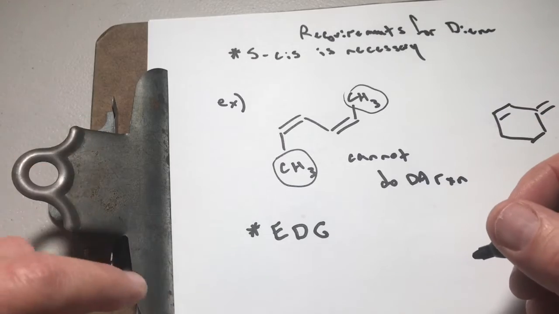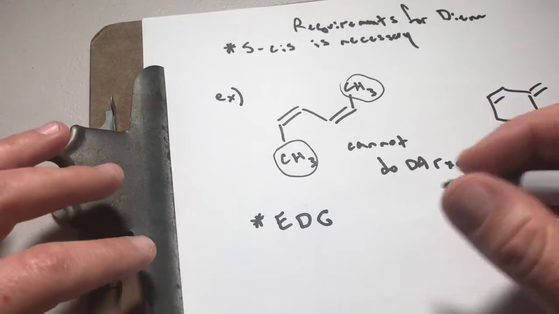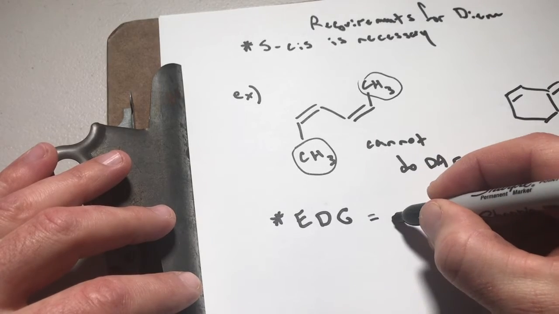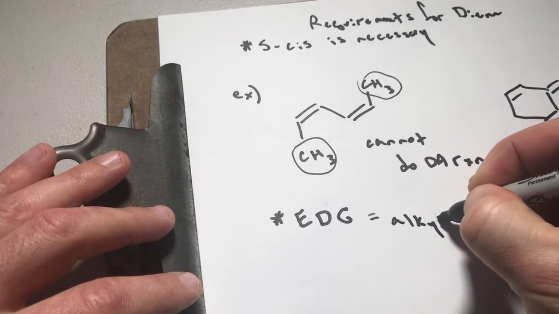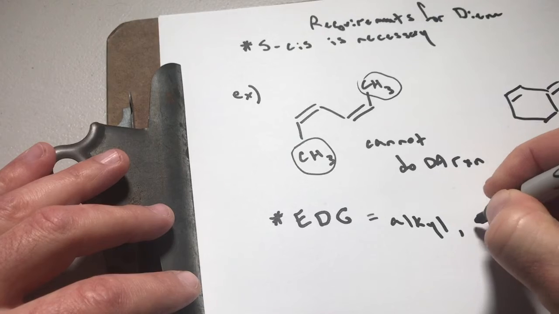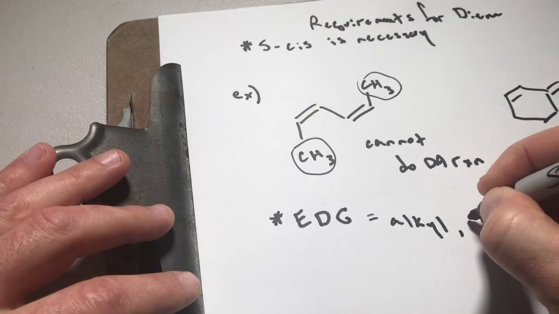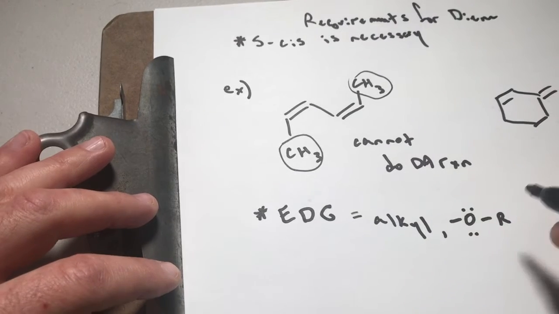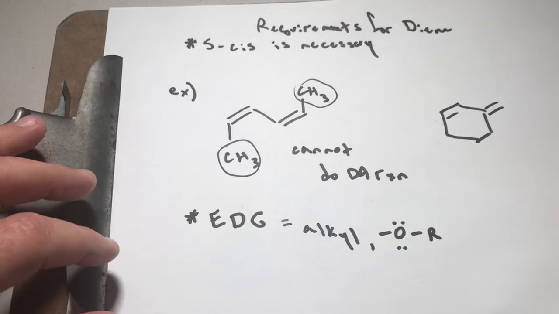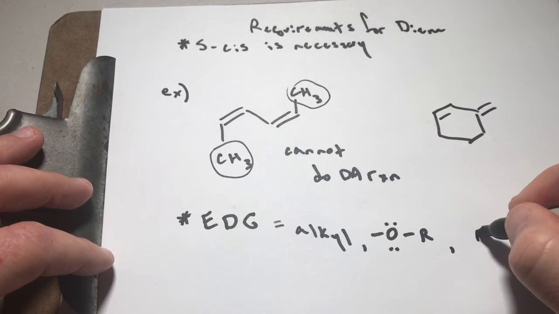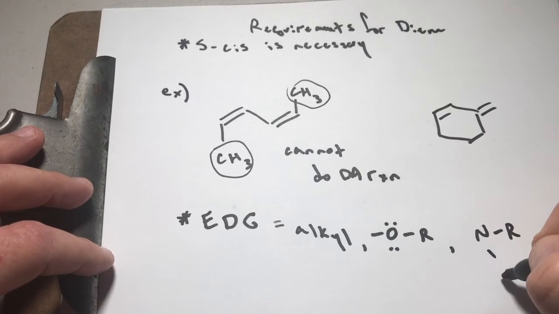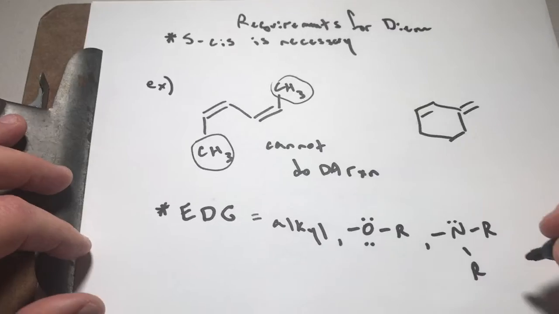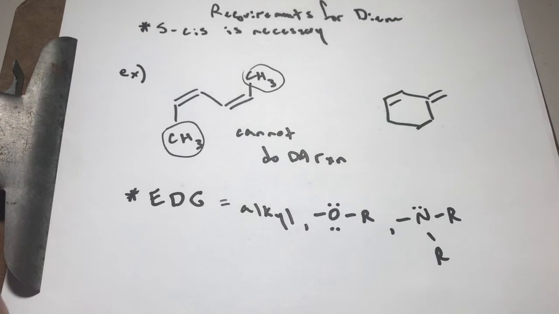Electron donating groups are going to be things like alkyl groups. They're going to be things like oxygen species, believe it or not, so ethers and alcohols are going to be really helpful for this. It also turns out that amines are really good electron donating groups.